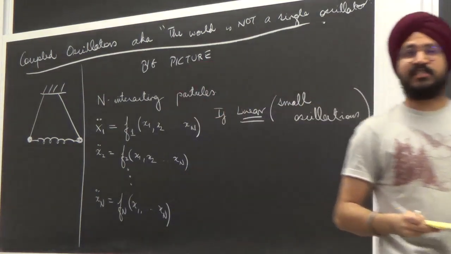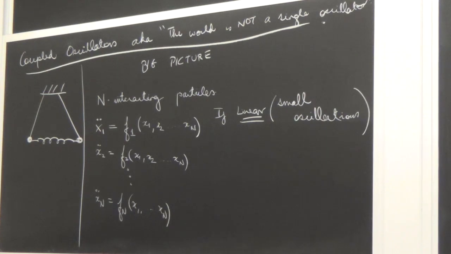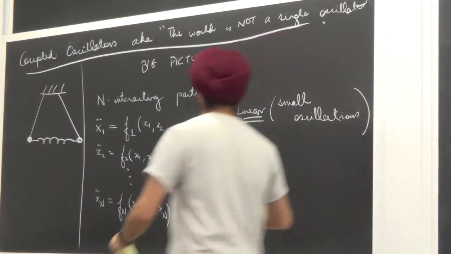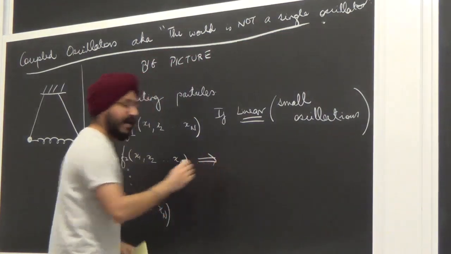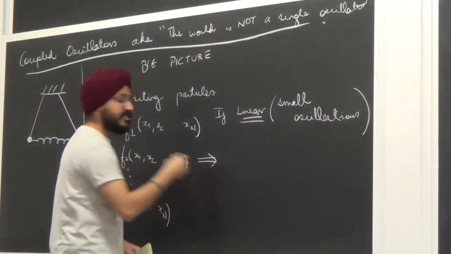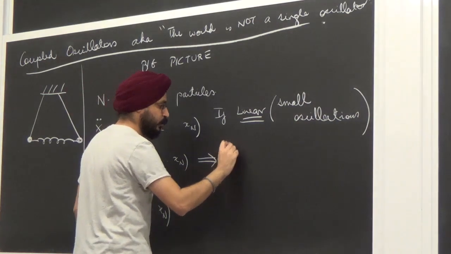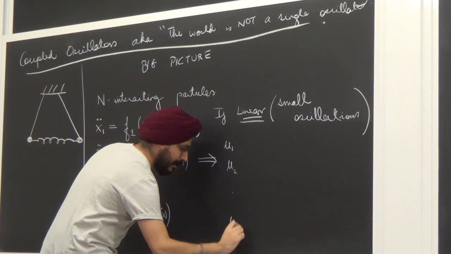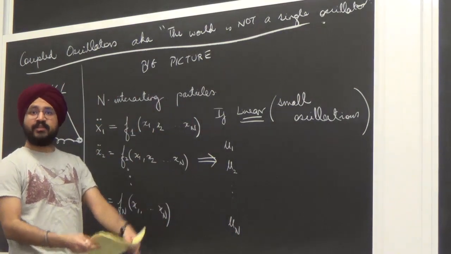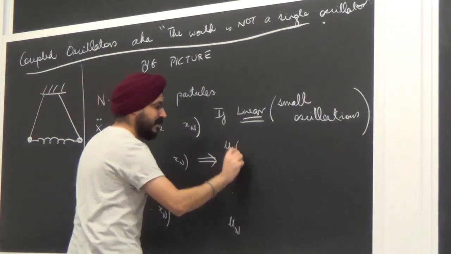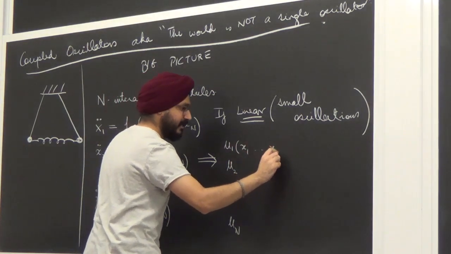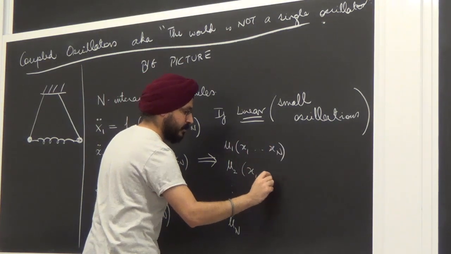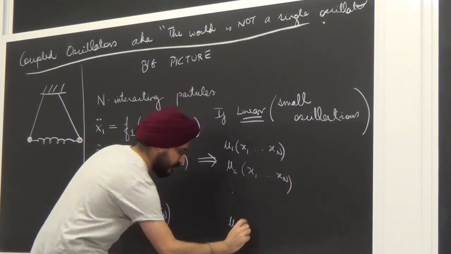under that situation, I can try and be smart. I can try and look for a way to find such variables, call them u1 through un, and each of the u's depends on the x's. Okay, so u1 can depend on x1 through xn, u2 can depend on x1 to xn, all the particles, and so on for un.